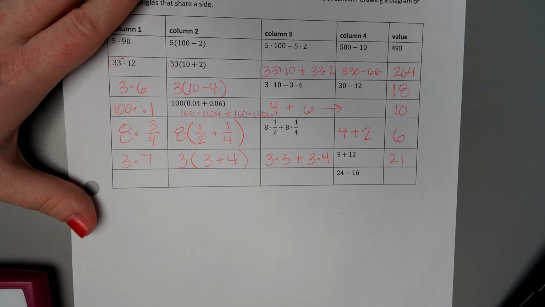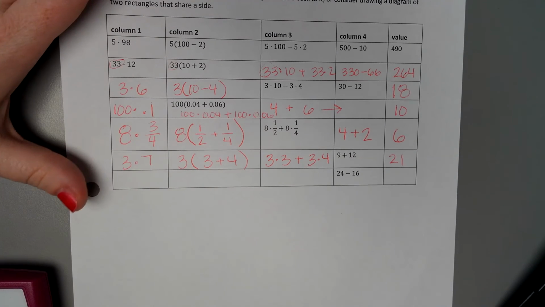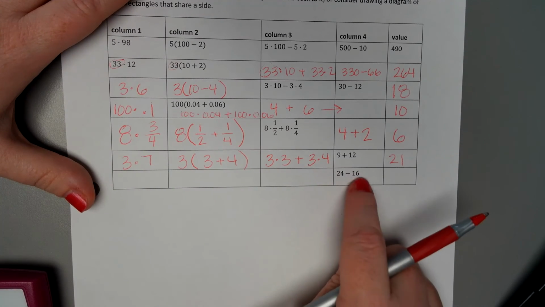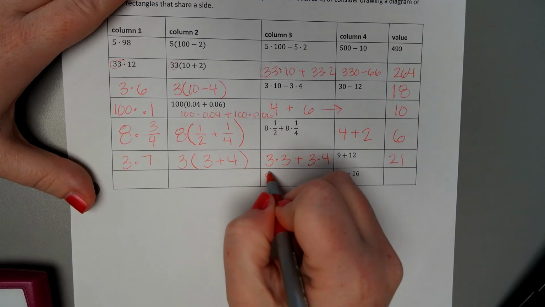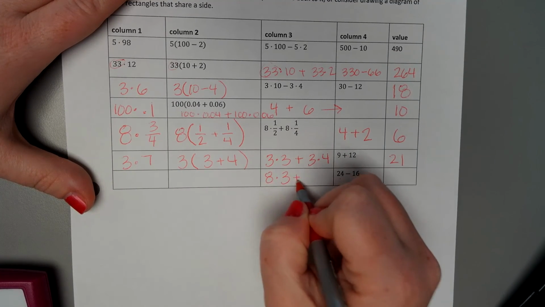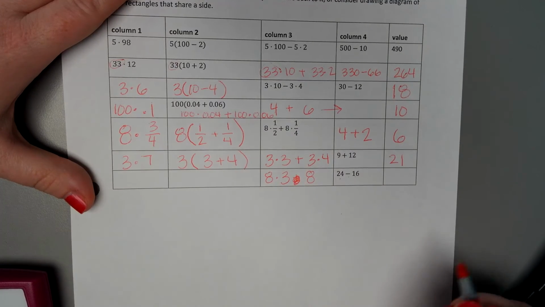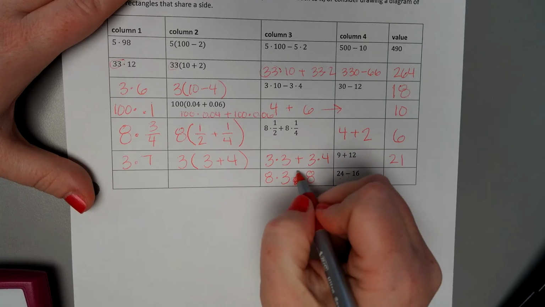All right, this next one, we have two different options. So I'm going to go with 8, because I know 8 is a factor of both of those numbers. 8 times 3 is 24. And 8 times 2, this should be a minus sign, guys. I'm sorry, because it says minus 16.